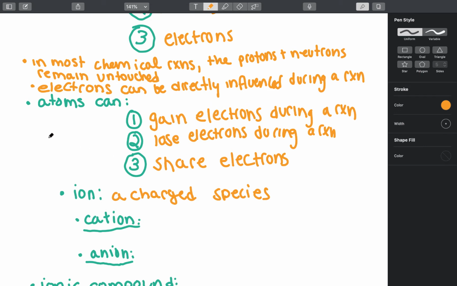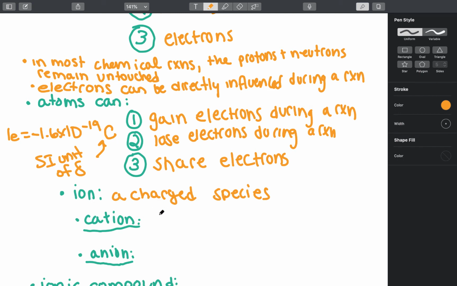The specific charge of one electron is equal to negative 1.6 times 10 to the negative 19th coulombs. That is the SI unit of charge. So when you lose an electron, your atom gains a positive charge because it just lost a negative charge. And if your atom gains an electron, it gains a negative charge.